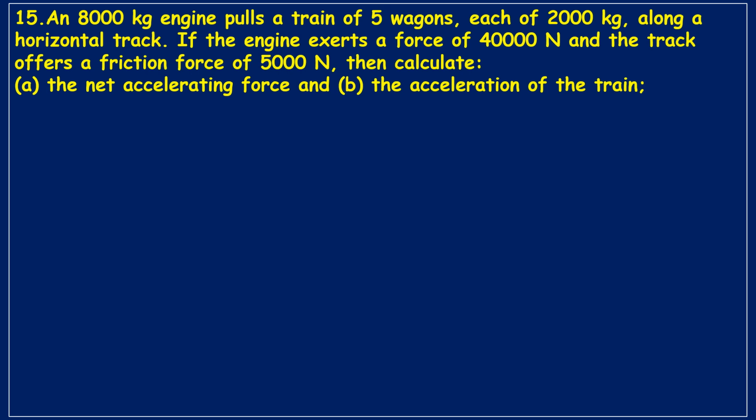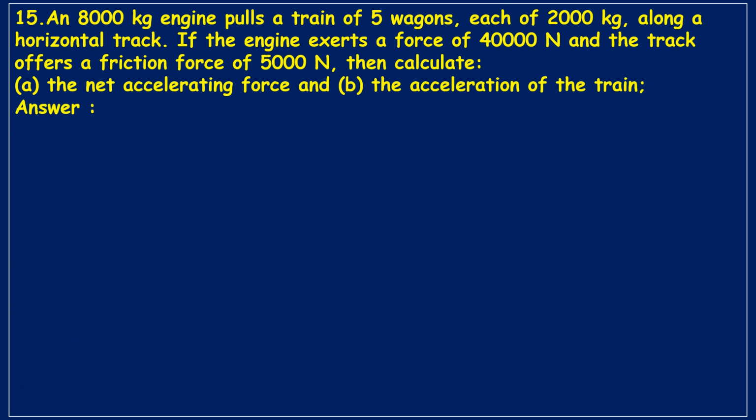This is the information we have. Now we have to calculate the net accelerating force, and second, the acceleration of the train. These are the two things we have to calculate from the given data.